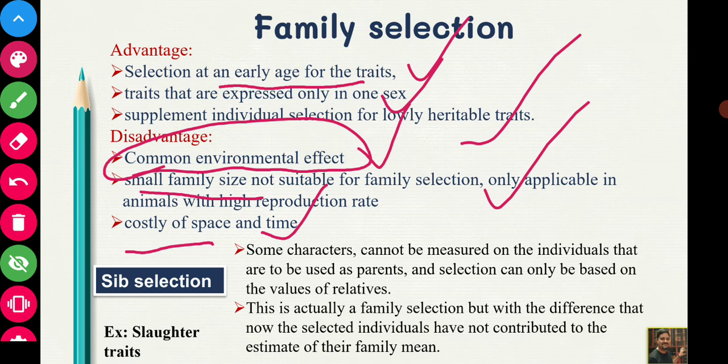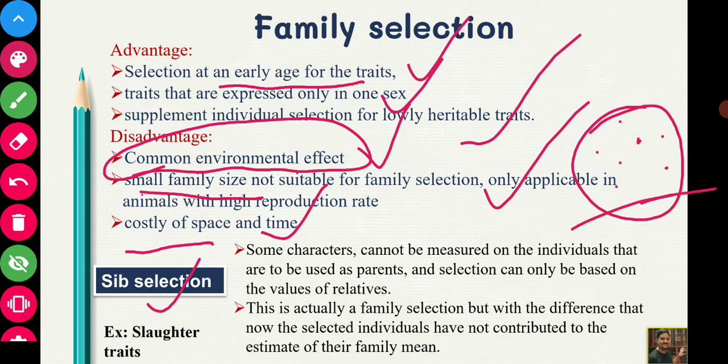So this was about family selection, and similar to family selection is SIB selection. What is SIB selection? In family selection, we have already discussed that we get the mean of the family. How? We sum the performance of all the individuals and divide it by the total number of individuals.